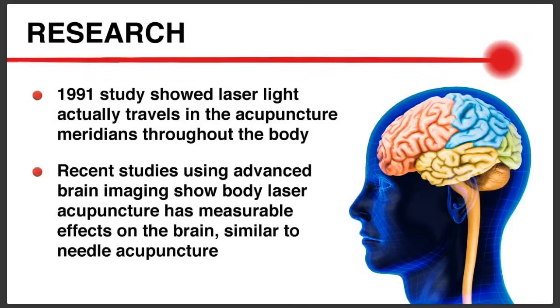So even among the research crowd, the folks that are looking for biological effects and biological mechanisms to explain why acupuncture works, you have to concede that laser light does something biologically and has remote effects throughout the body. And that's, in my opinion, because it travels in the acupuncture meridians, just like remote needling has effects.